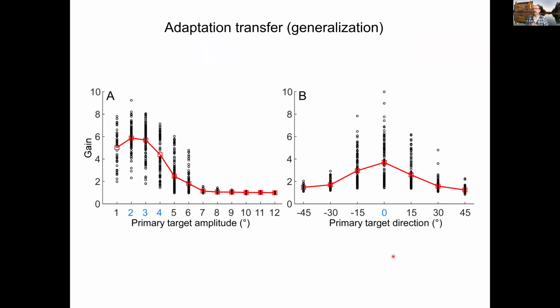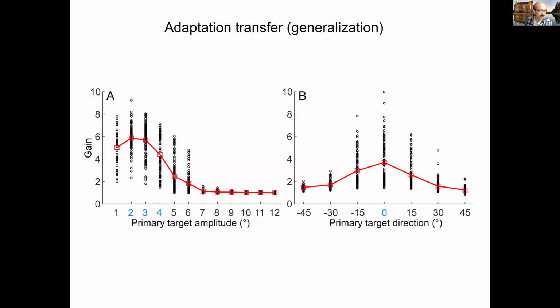So now we'll see the adaptation transfer. As you recall, we adapted 2 to 4-degree saccades, which is shown in blue here. When we tested the 1-degree saccades, we see a lot of transfer, so the gain is still high.